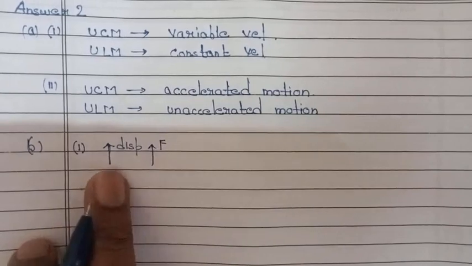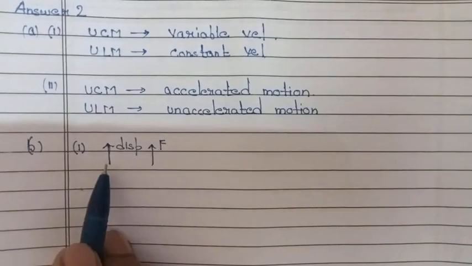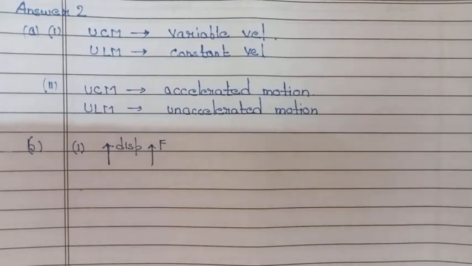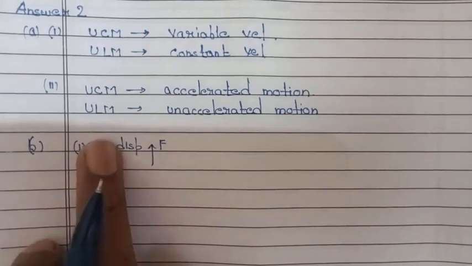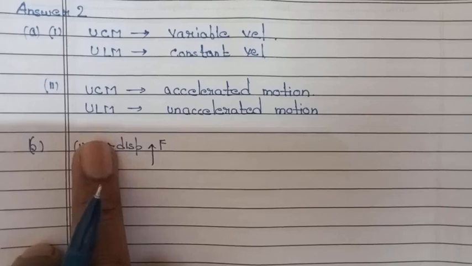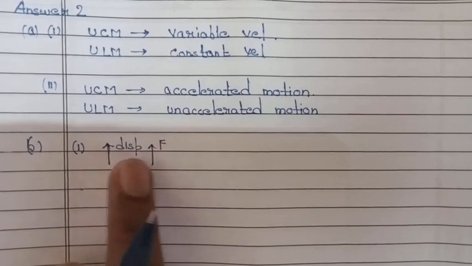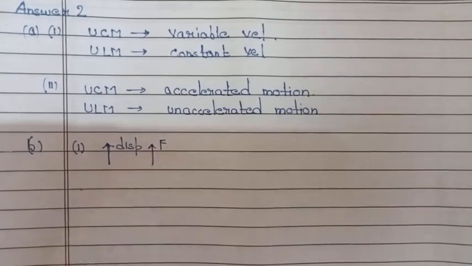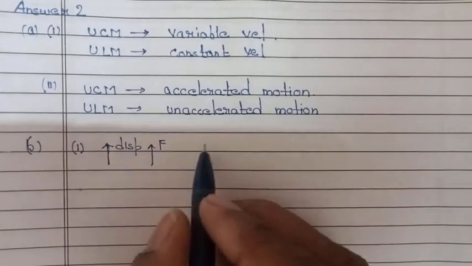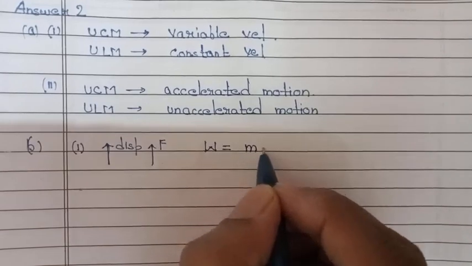As force and displacement are both in the same direction, work done will be positive. So we will say work done by the boy will be equal to positive mgh.